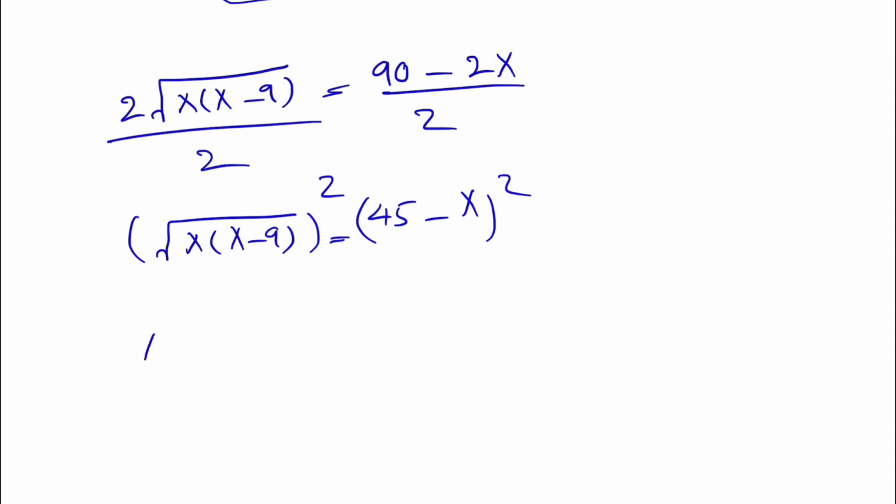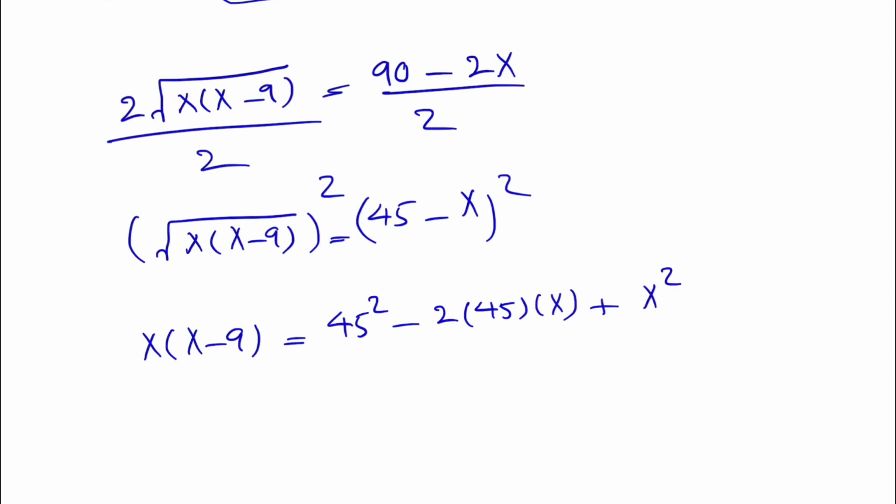So basically on the left side we'll end up with x times x minus 9 and no square root on the other side of the equation, which is great. So we have 45 squared minus 2 times 45 times x plus x squared.